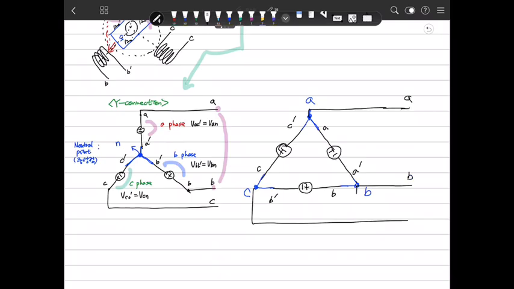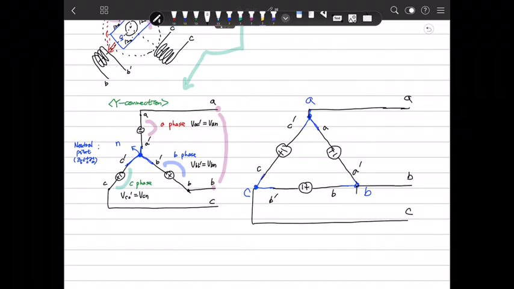This is A and B and C. I think it's simple, it's more clear.